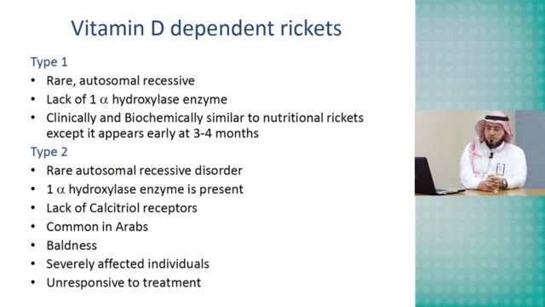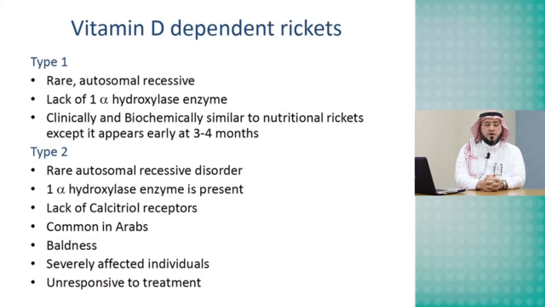Type 2 vitamin D dependent rickets is also an autosomal recessive disorder, but here the 1-alpha hydroxylase enzyme is usually normal, and the problem is with calcitriol. Calcitriol is the name of 1,25 dihydroxyvitamin D. So this is calcitriol receptor resistance.